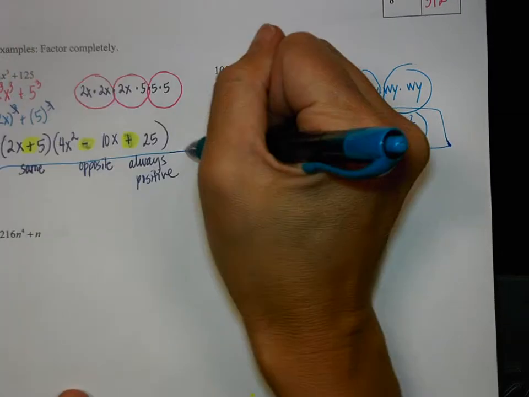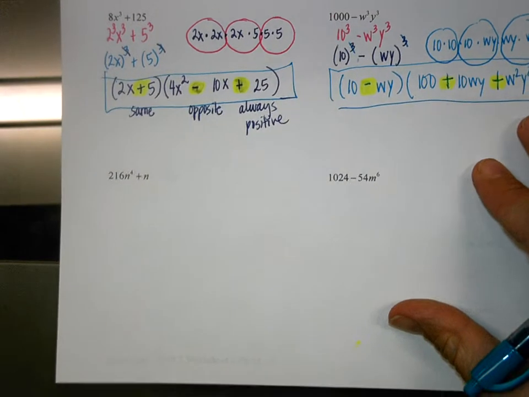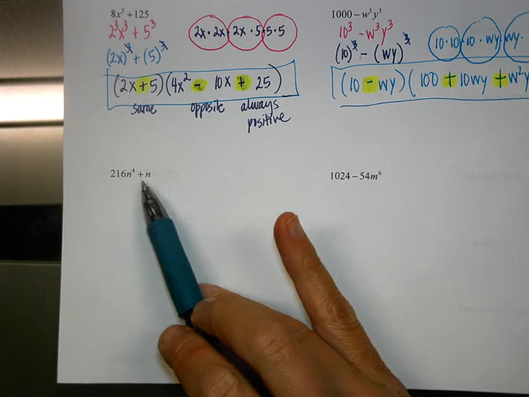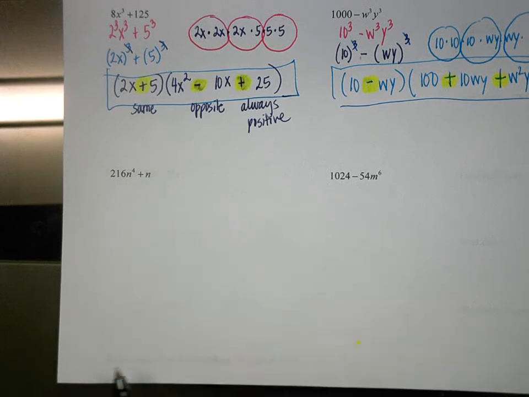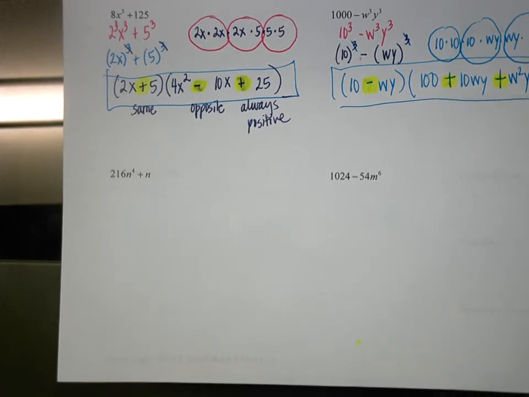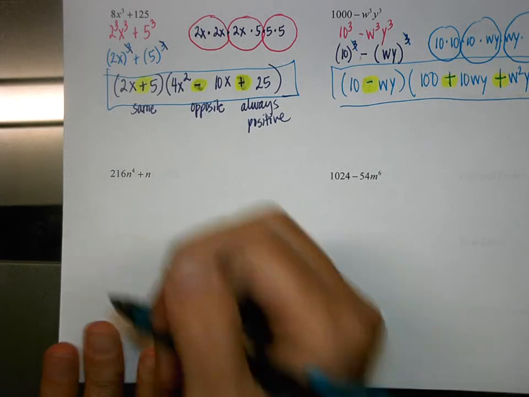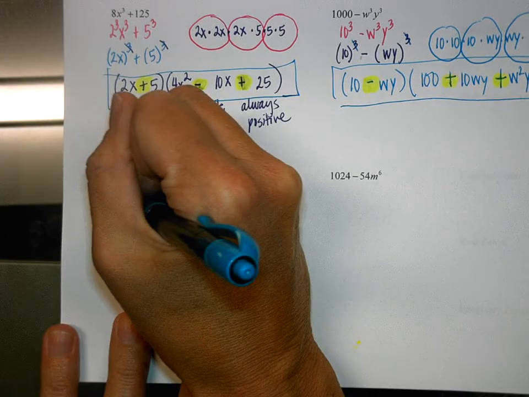Okay. So we're going to go ahead and do another one now: 216 n to the 4th plus n. I'm looking at this right now and I'm like, well, that's not cubes. This is to the 4th power. And so we would want to check if there's a GCF, and hopefully you notice that there is a GCF, and that GCF is n. So we're going to go ahead and factor out the GCF of n.